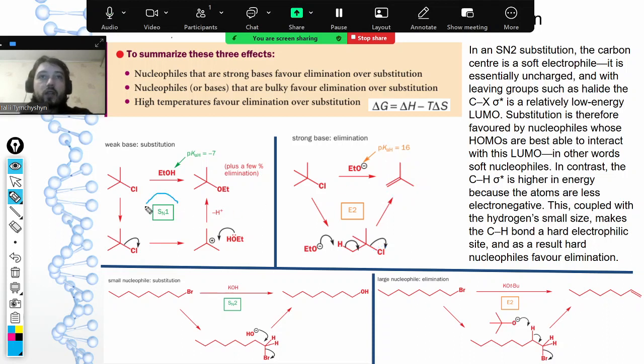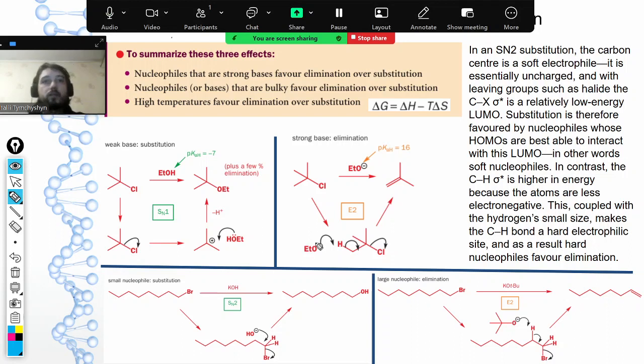So this was the SN1 reaction. We waited until the carbocation formed, and then and only then the weak base attacked and was attached to it. In the other case, we had a strong base that immediately abstracted a proton and initiated the restructuring of the molecule and the leaving group, well, leaving. So here we have it.